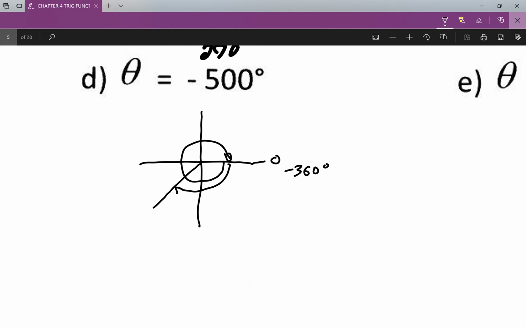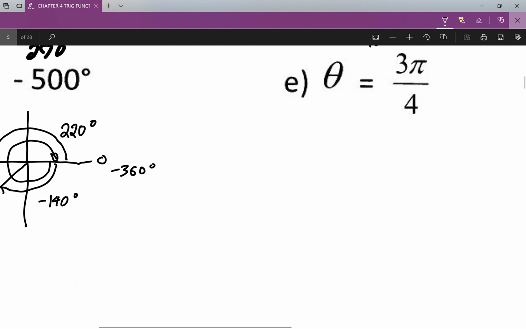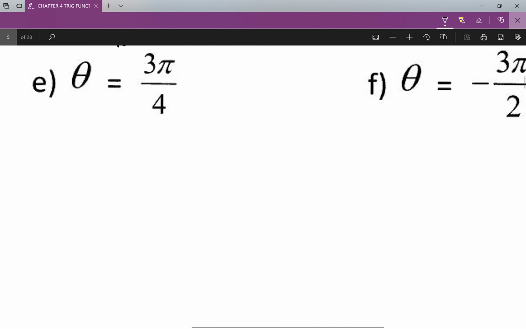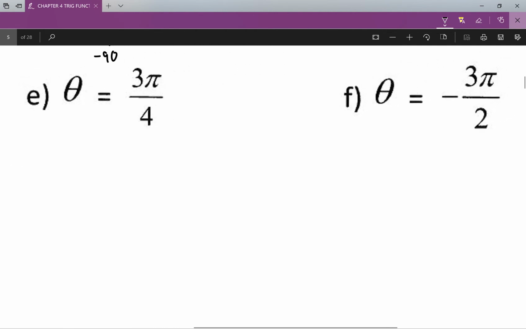So right here, that would give us the negative 140 degrees. Subsequently, if I added that to 360, that would also give me a theta measure of 220 degrees.